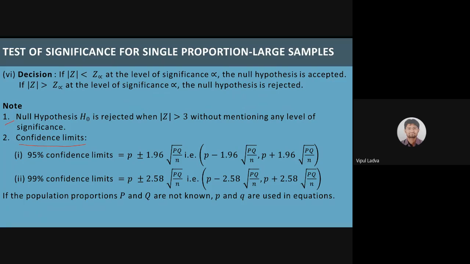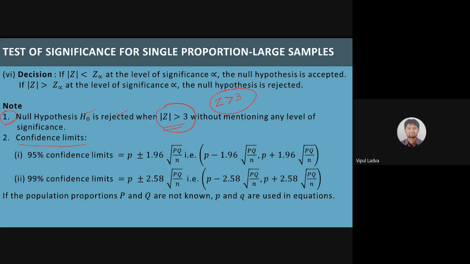First, the null hypothesis H naught is rejected when the Z statistic is greater than 3. Why? Now observe this first point. We will directly go for the rejection of the null hypothesis if my Z statistic value is greater than 3.